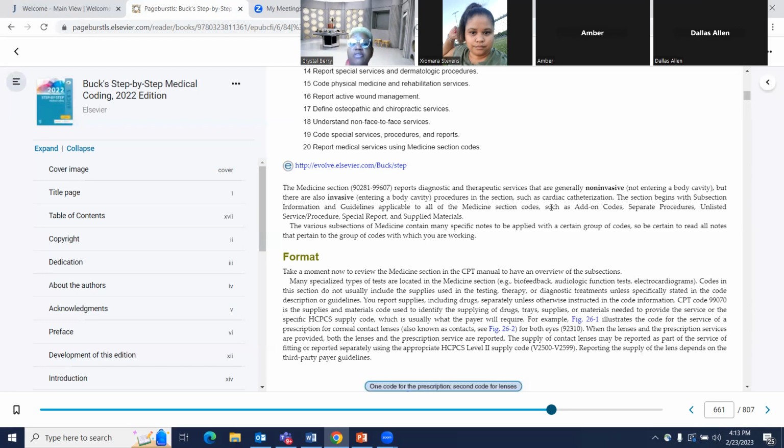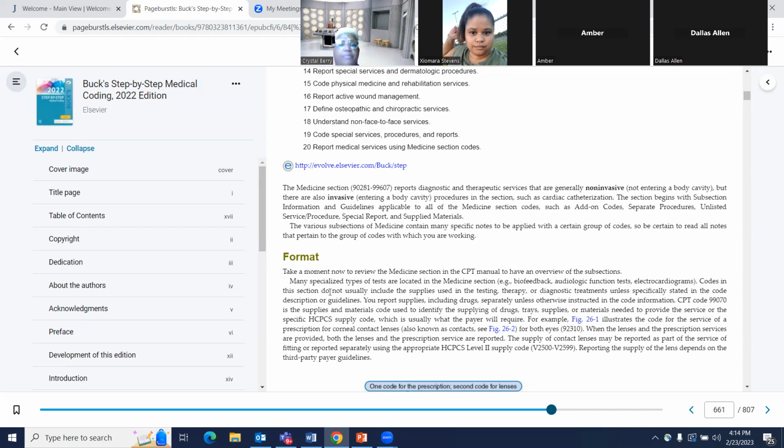The section begins with subsection information and guidelines applicable to all of the medicine section codes, such as add-on codes, separate procedures, unlisted service procedures, special reports, and supplied materials. If you look on your page 719 at the top, it tells you all of those subsections in that order. The various subsections of medicine contain many specific notes to be applied with a certain group of codes, so be certain to read all notes that pertain to the group of codes with which you are working.